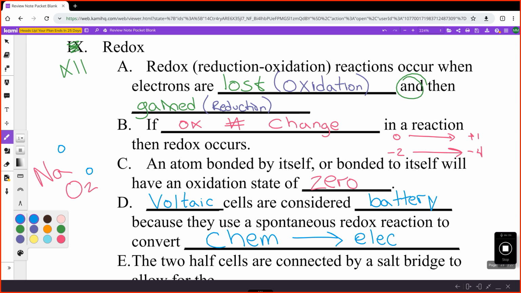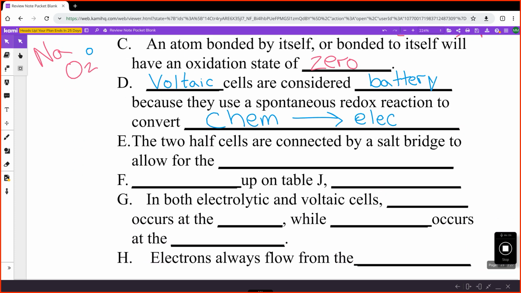Okay, this is a voltaic cell and it is spontaneous. It creates electricity just like a battery, and that electricity can be used for whatever you would use your battery for, a phone, a laptop, anything that uses a battery would use a voltaic cell of some sort. In a voltaic cell, you have two half cells that are connected by a salt bridge.